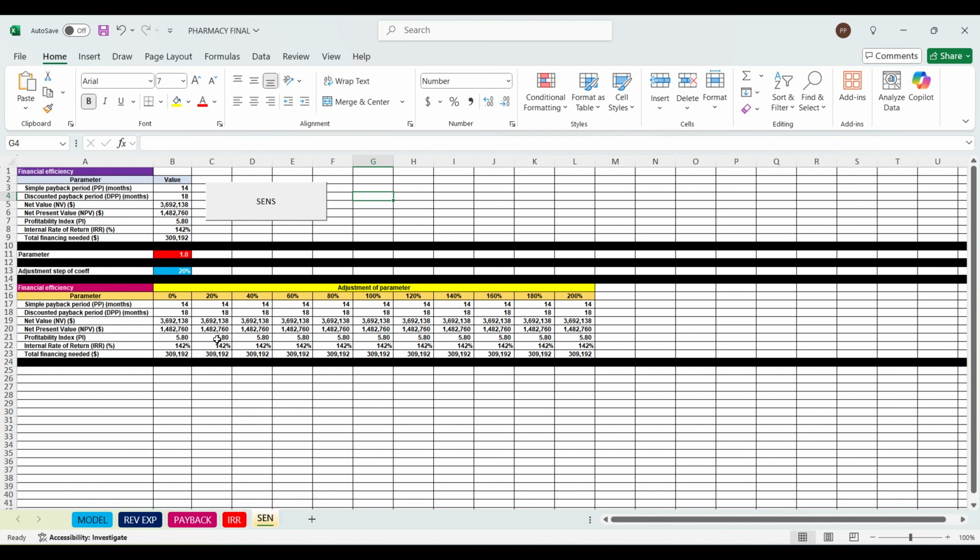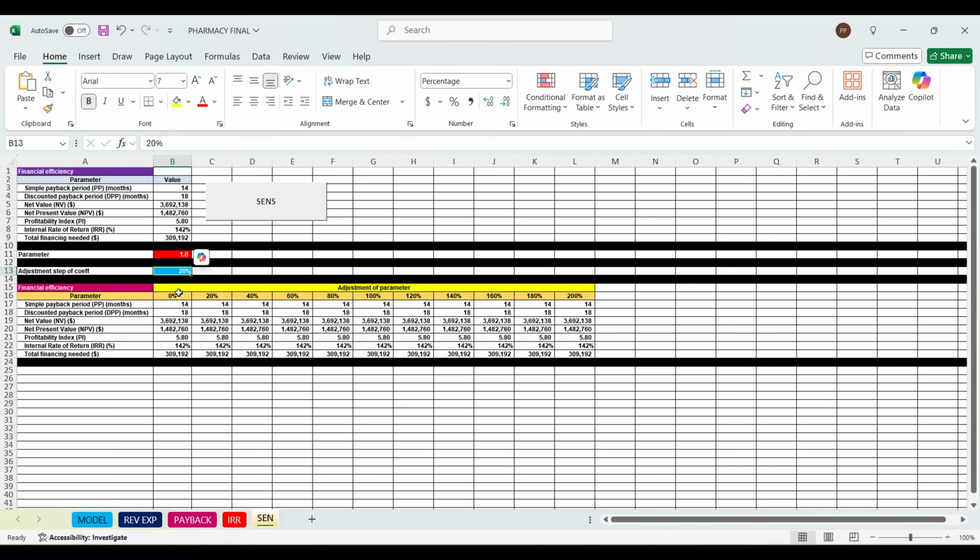So now we're moving to the sensitivity analysis block. This block you will be using a lot when your financial model is ready and you would like to see how stable this or that scenario is. So here you can specify the parameter that affects the input that you will be looking at.